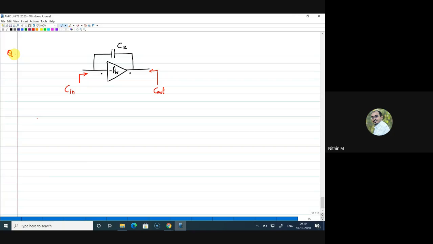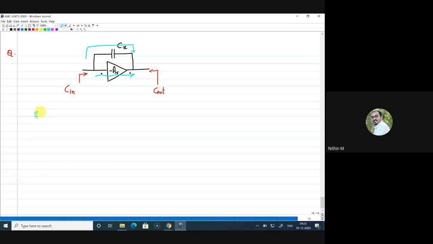All right, let me tell you how to find C in so that you can try for C out. You can see the main signal path through this, and this is the additional path in parallel to the main signal path. So what is the impedance in the feedback path?